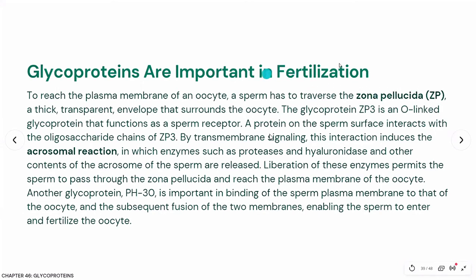So the sperm, in order to fertilize the egg cell, has to go through the zona pellucida. It is a thick, transparent envelope that surrounds the oocyte or egg cell.